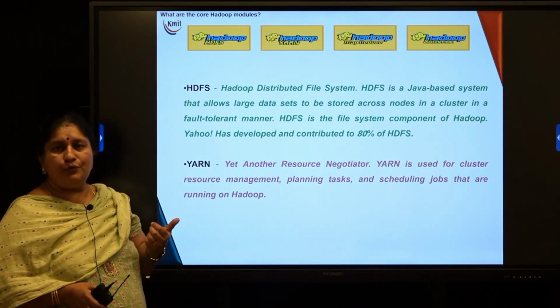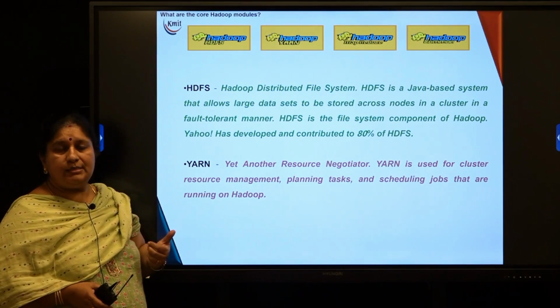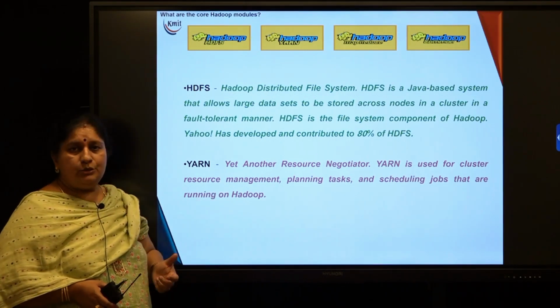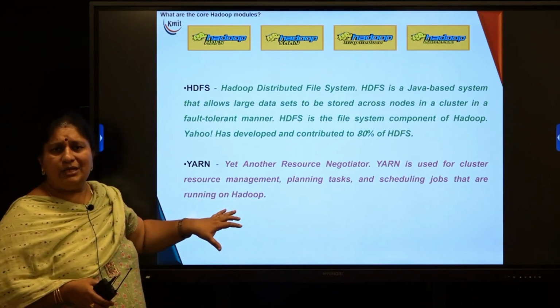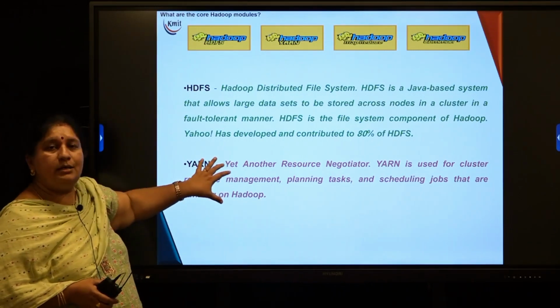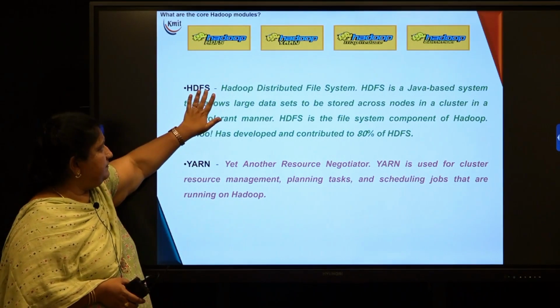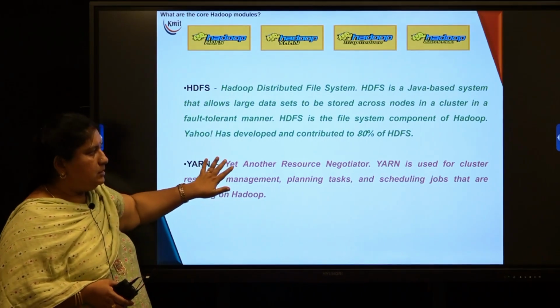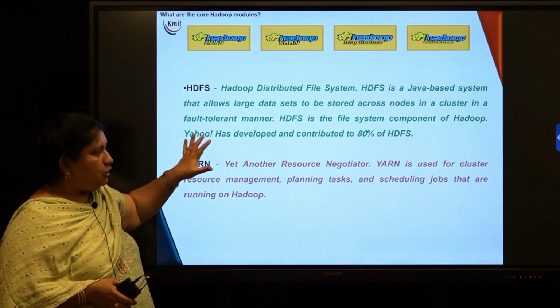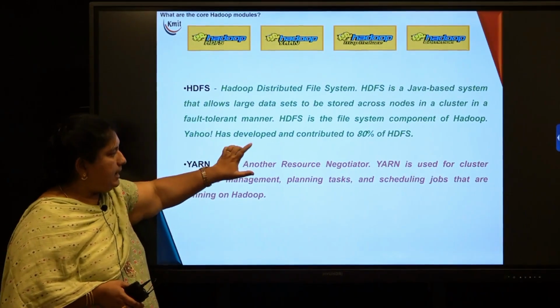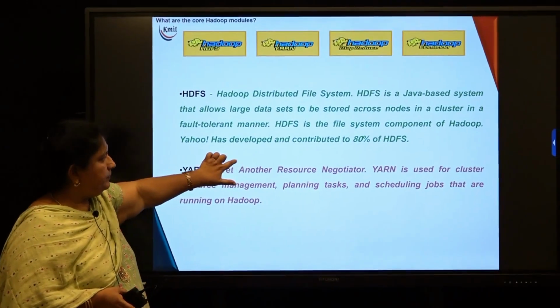An operating system is used for resource allocation and for scheduling the jobs. These are the major activities of an operating system. So, YARN is taking care of scheduling the jobs, running the jobs and resource allocation.